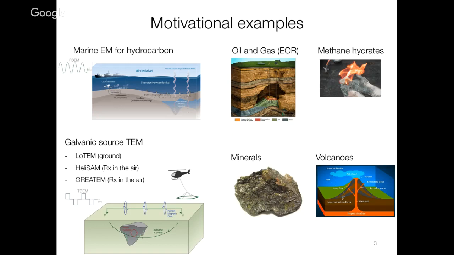Anything that's marine EM usually has a grounded source. So that may be hydrocarbon de-risking, maybe methane hydrates, things like large-scale structures, sort of volcanoes could be useful for this. And I'll show you an example for large-scale work in India.